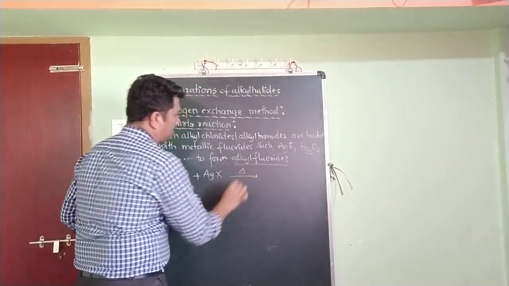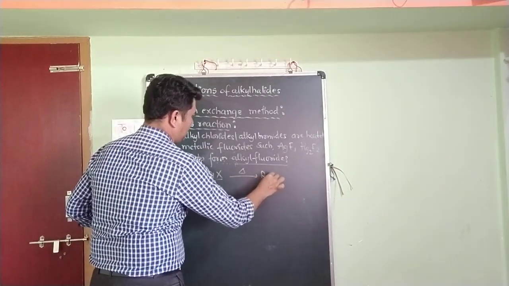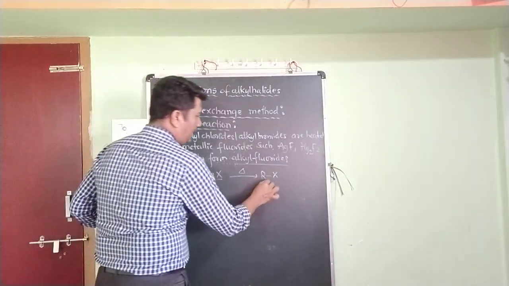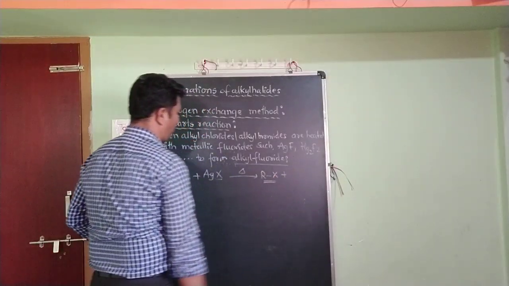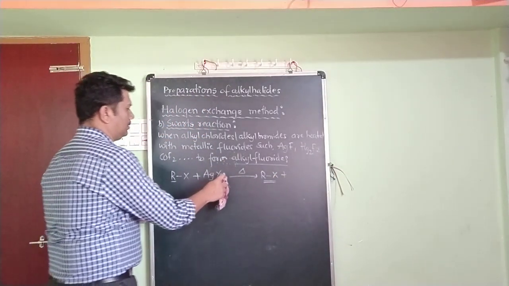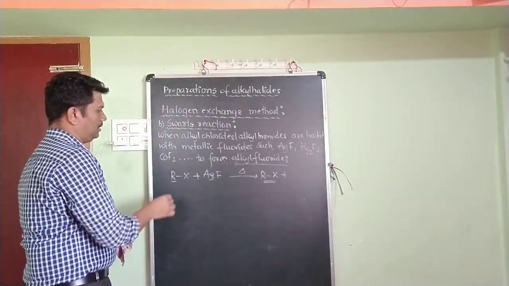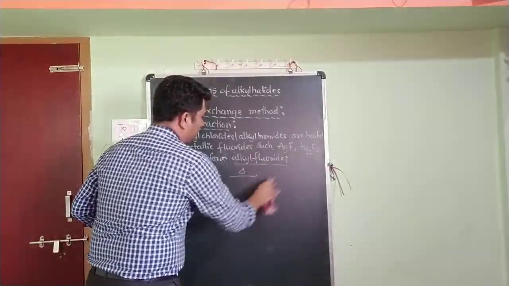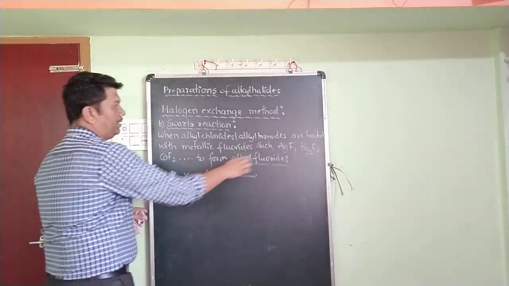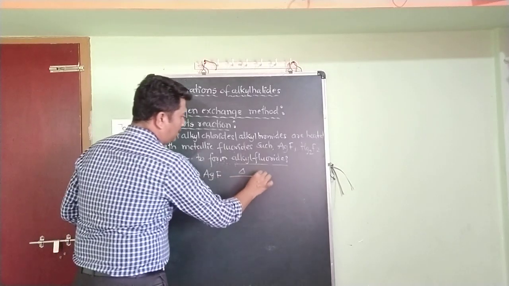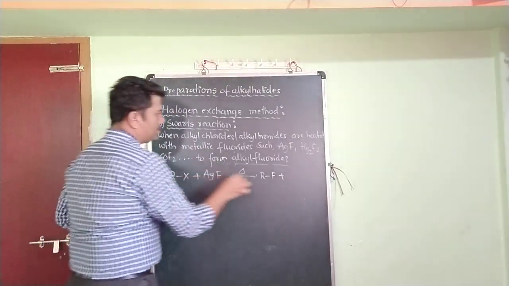You heat it, we get RF, alkyl fluoride, plus AgX. Here RX is alkyl chloride or alkyl bromide. When it is heated with silver fluoride, we get RF, called alkyl fluoride, plus AgX.